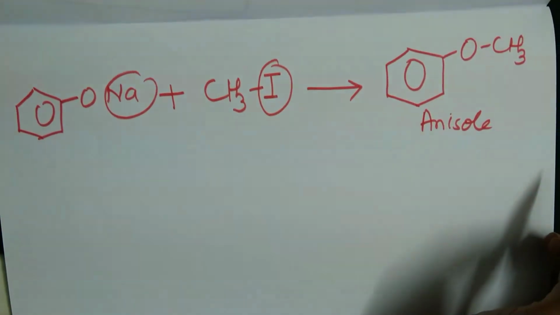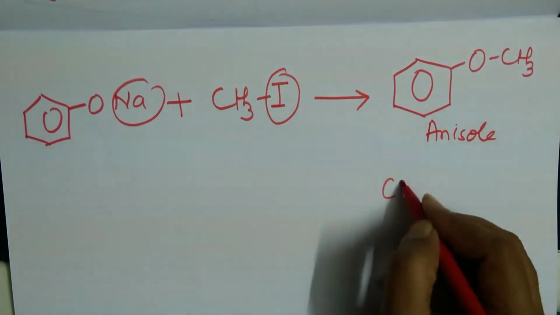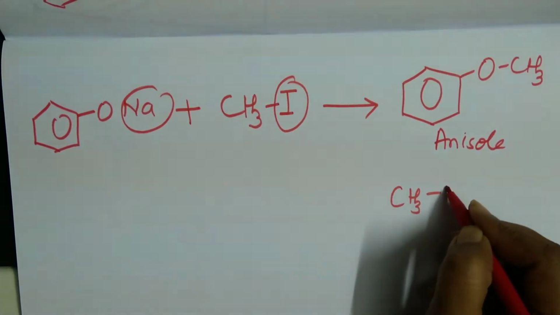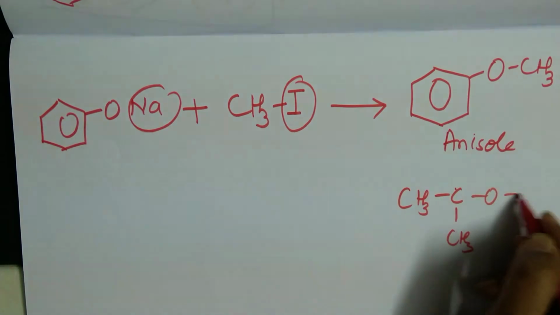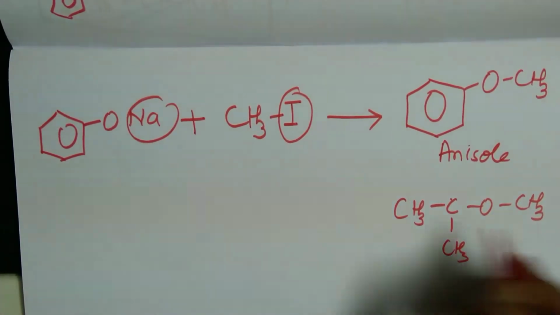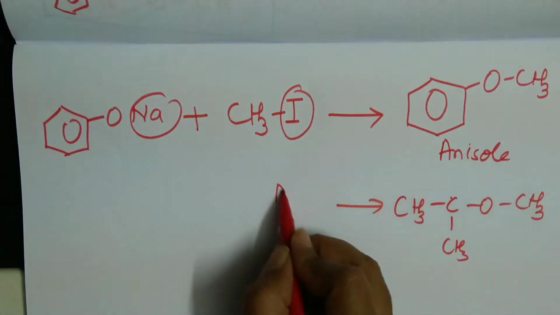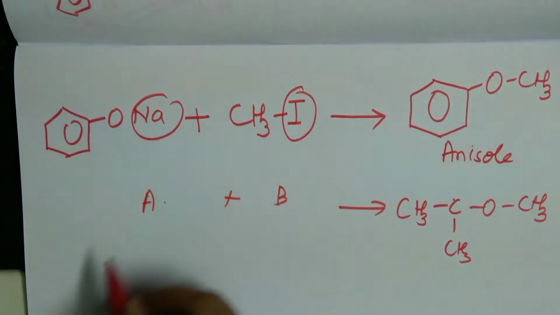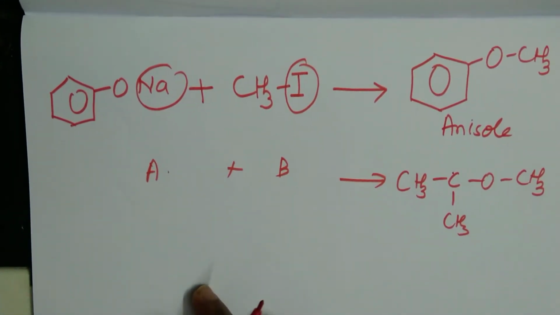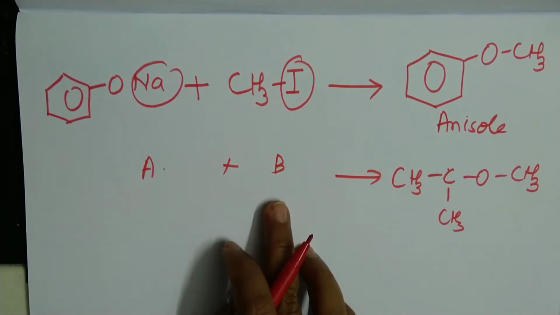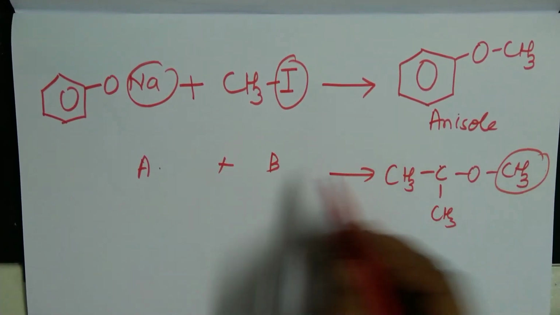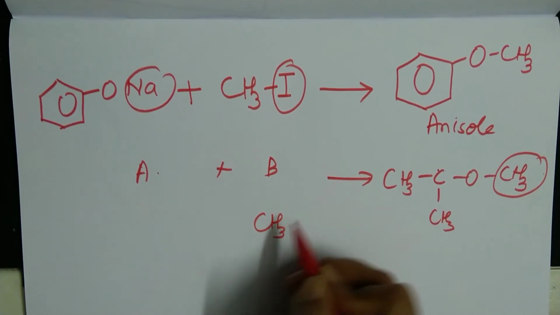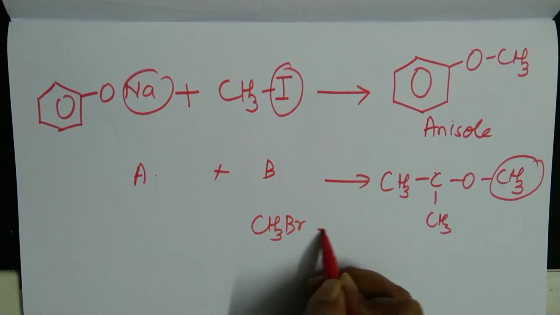Suppose I want an ether having a structure something like this. Identify A and B. What I said is the alkyl halide should be simple. So which is the primary group here? This is primary, so this should be the primary alkyl halide. Okay, I have taken methyl bromide.